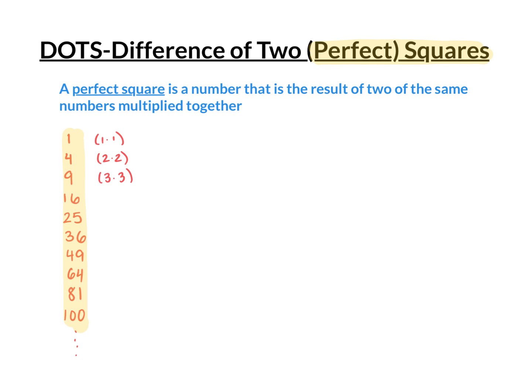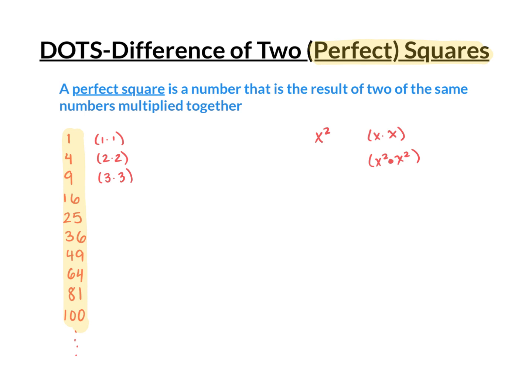Now, we could also have perfect squares that are letters. So x squared, or a squared, b squared, whatever letter you want to choose, will be your first perfect square that's a letter. Why? Because it's the result of x times x, two of the same things being multiplied together. So x squared times x squared, remember we keep the base and we add the powers.